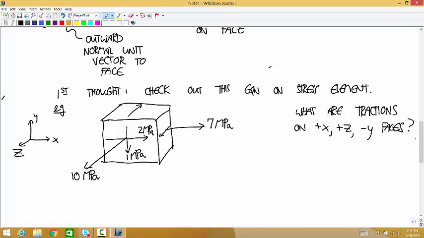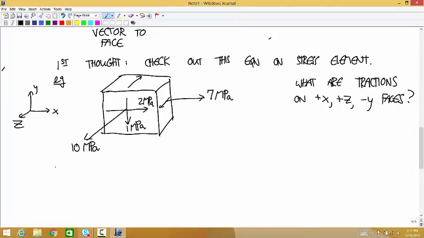Okay, so on the plus x face, that's this one. What's that traction going to be? On this one here, the positive x face, it's going to be positive 7, 0, and then positive 2, right?